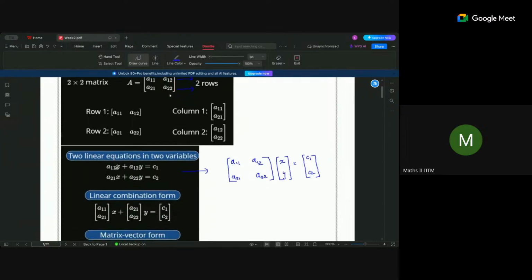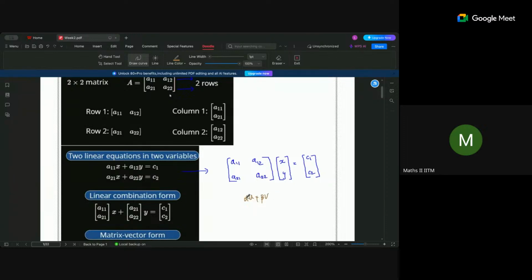So when you do matrix multiplication, you will get back this linear equation, right? And this linear equation, you can also see in the linear combination form. What is linear combination? Do you remember? If you are having two vectors, say u and v, what is meant by a linear combination of these two vectors? Can anyone tell? It is alpha times u plus beta times v, for scalars alpha and beta.